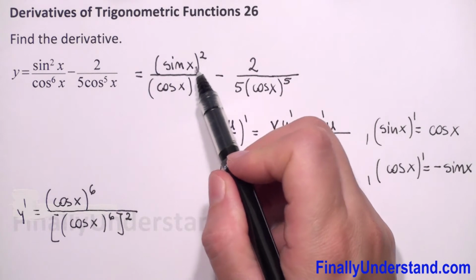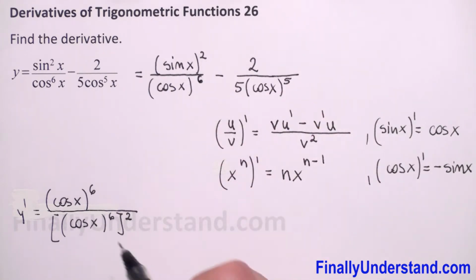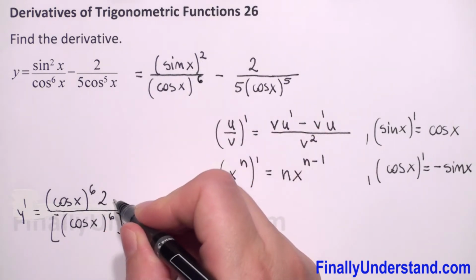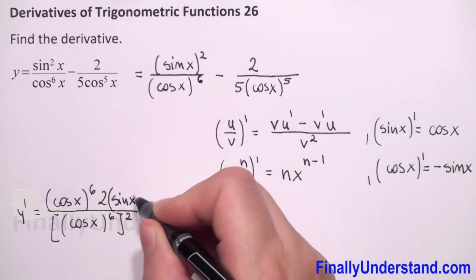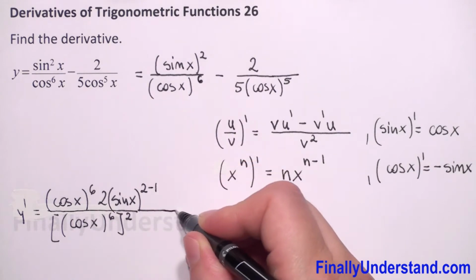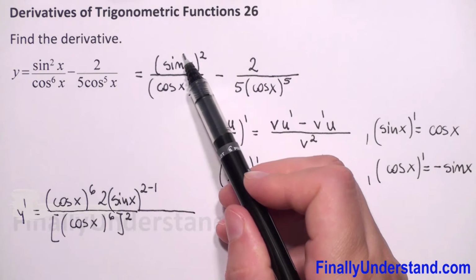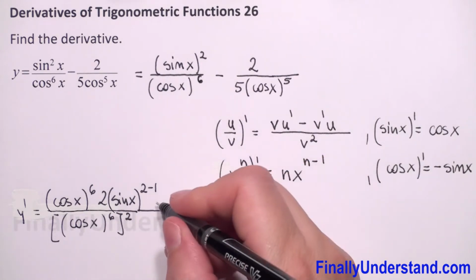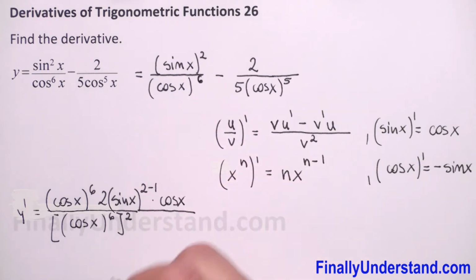We have sine x to the second power, so we use the power rule. We take down the power, so it will be 2 times sine of x to power 2 minus 1 times, because we have a composite function, the derivative of sine. The derivative of sine is cosine, so we have times cosine of x.